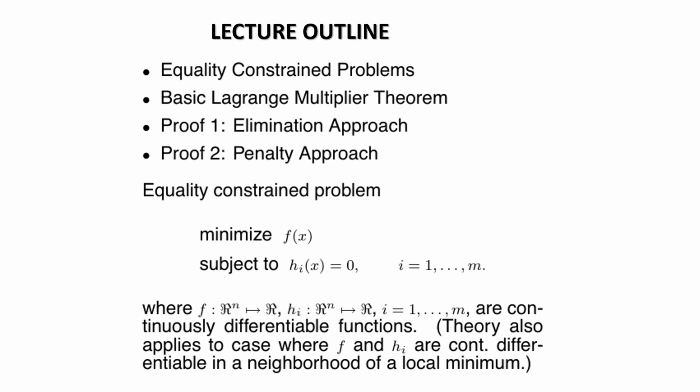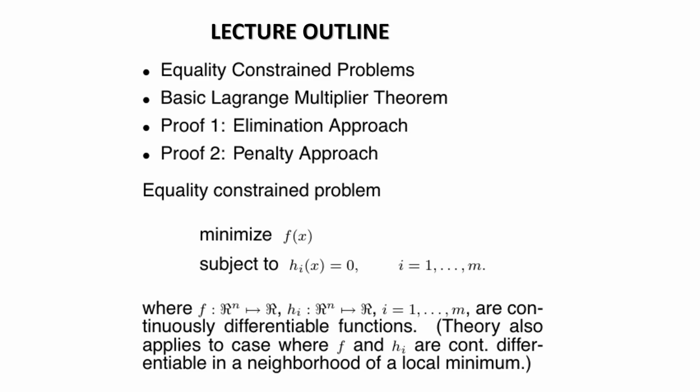This is the basic Lagrange multipliers theorem, a first order optimality condition, a necessary condition for optimality under equality constraints, introducing Lagrange multipliers lambda i. We will consider the first proof, the elimination approach, which reduces the problem dimension by eliminating constraints using the implicit function theorem or coordinate transformation.